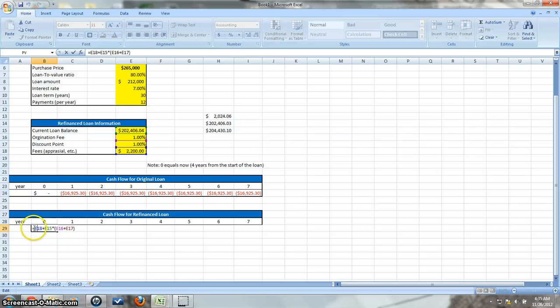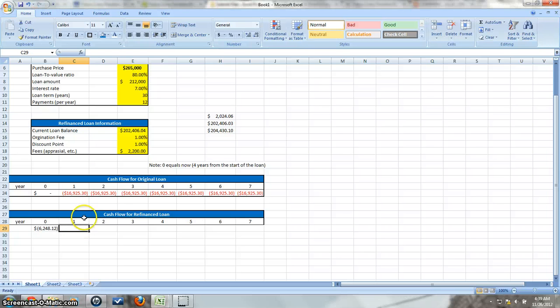And this whole value is actually negative, so go ahead and put that in. It's not an inflow, it's an outflow, so you might as well at least make it known.